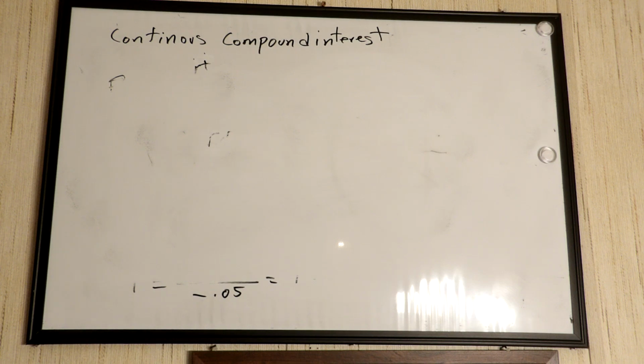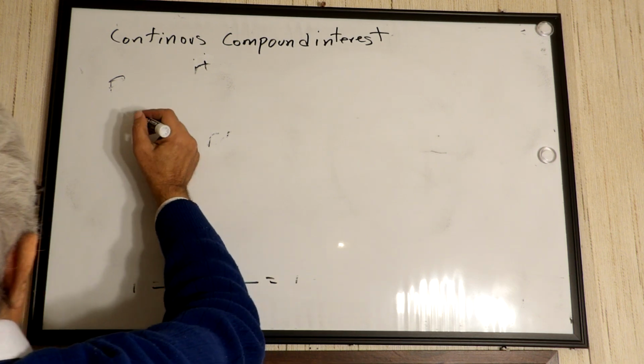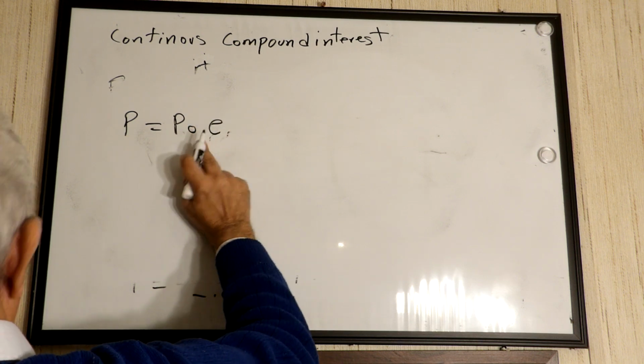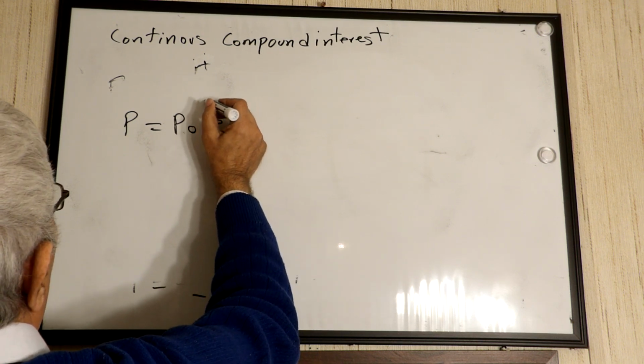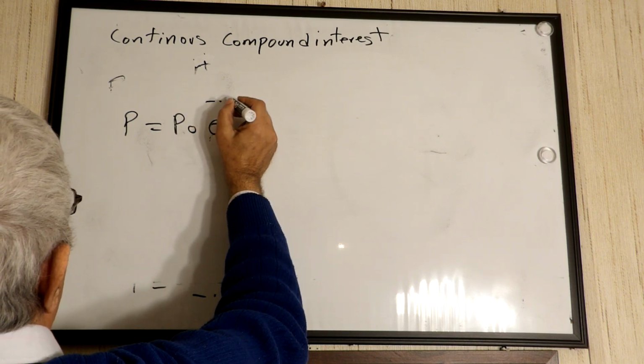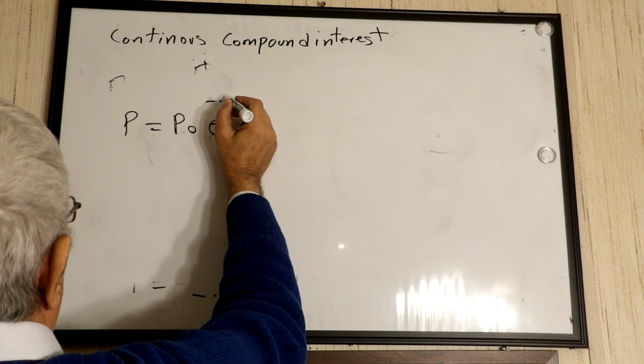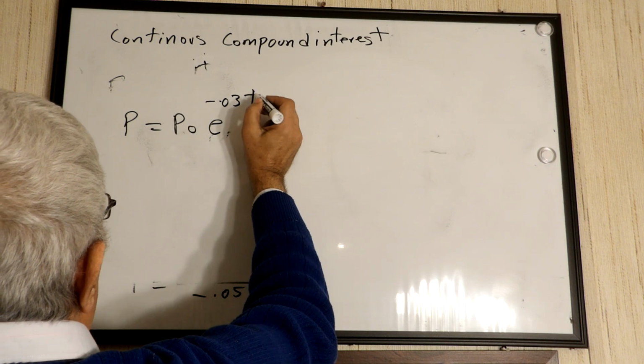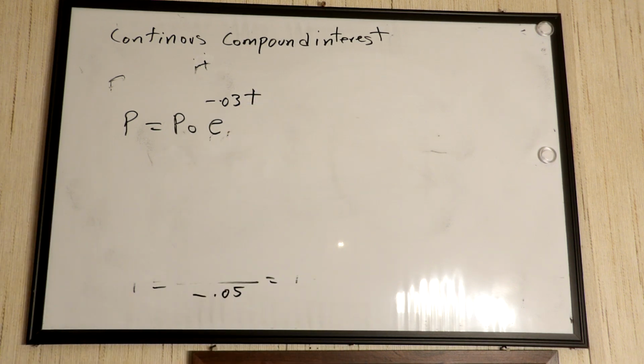If you have something like P0 e to the power of minus 0.03 t, you have this formula and you have the initial amount.